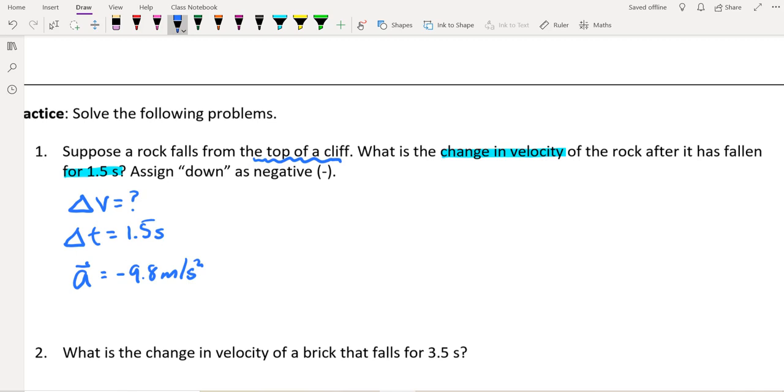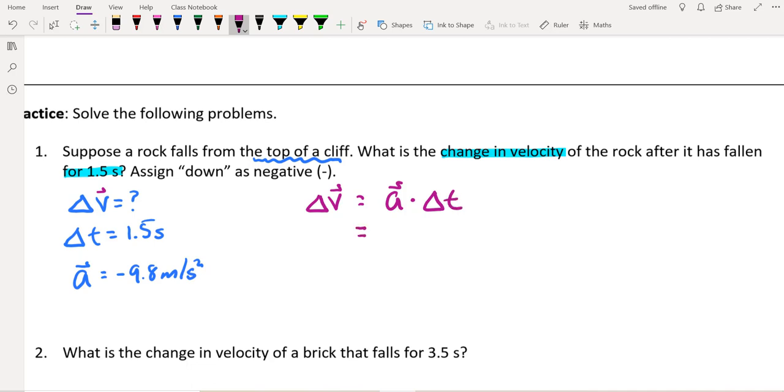So we use our equation that relates change in velocity, I forgot the vector arrow there, to time and acceleration. Change in velocity is equal to acceleration multiplied by our change in time.